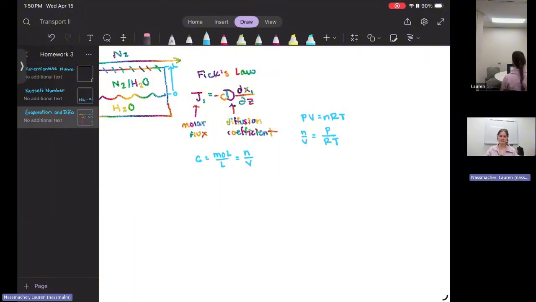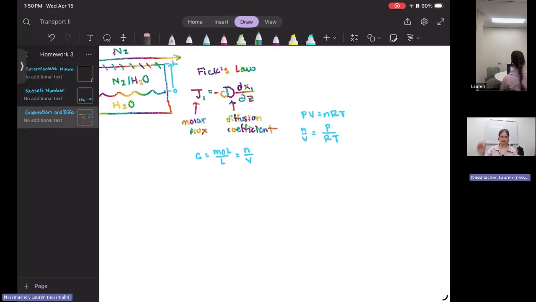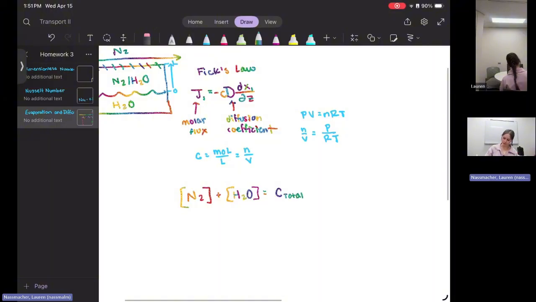Continuing on, we want to find that concentration of the nitrogen and the water. And that's not going to be 50-50, or it might, but we don't know that for sure. So we'll have the concentration of our nitrogen plus the concentration of our water, equal to the total concentration. So our pressure over our constant multiplied by the temperature, plus our pressure over our constant multiplied by the temperature.